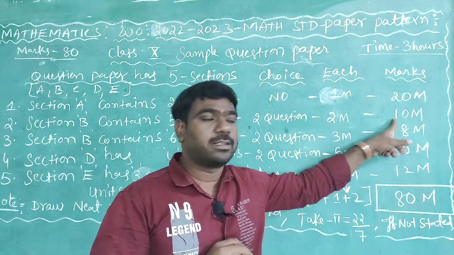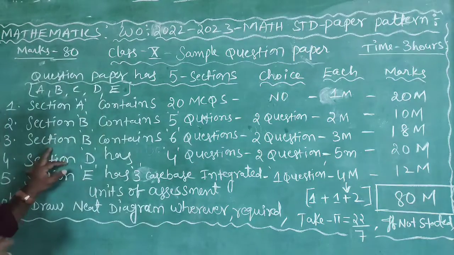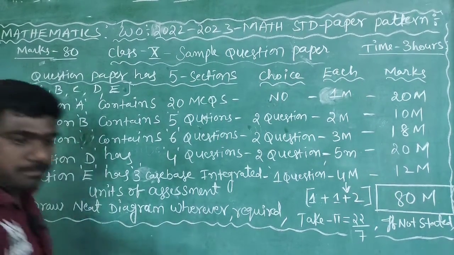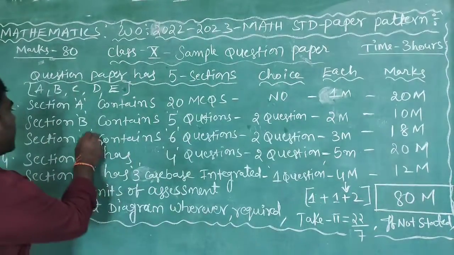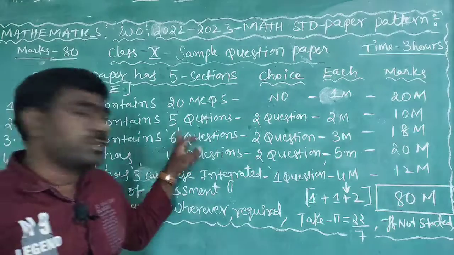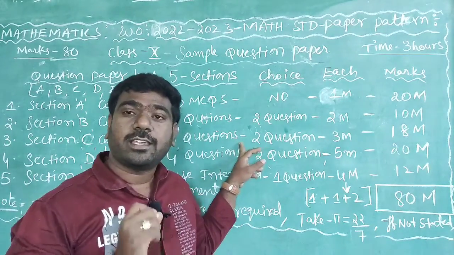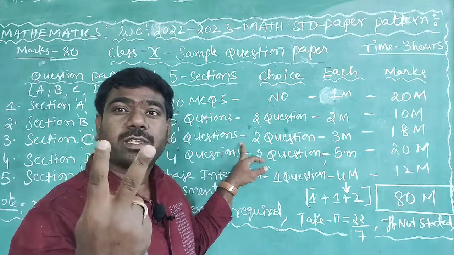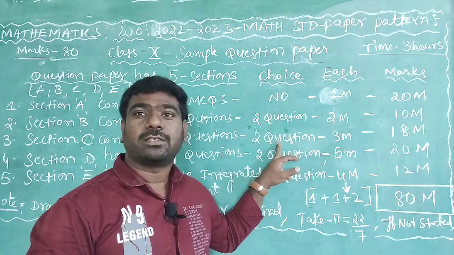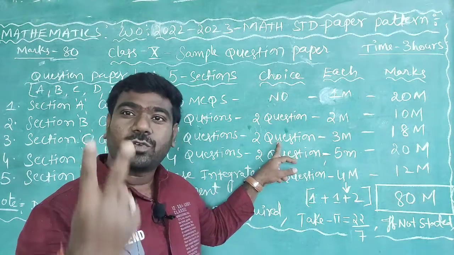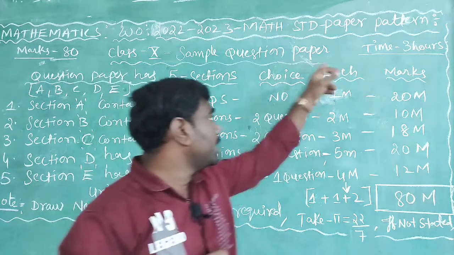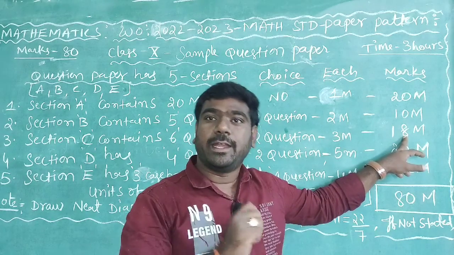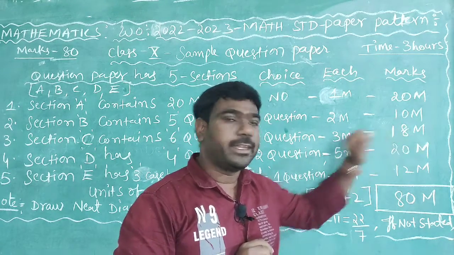Come to the third section, that is C. This section contains 6 questions. Out of 6 questions, 2 questions will have choice. Each question carries 3 marks, total 18 marks.